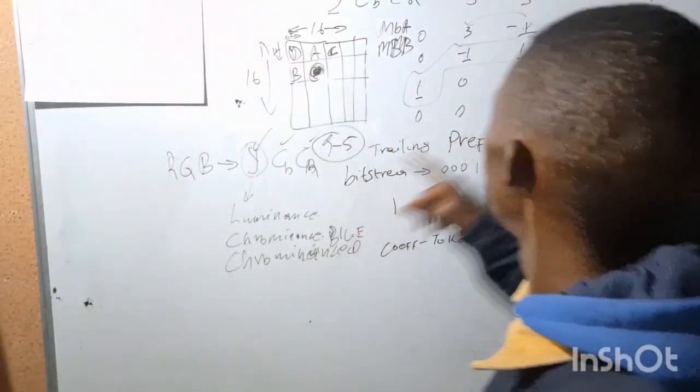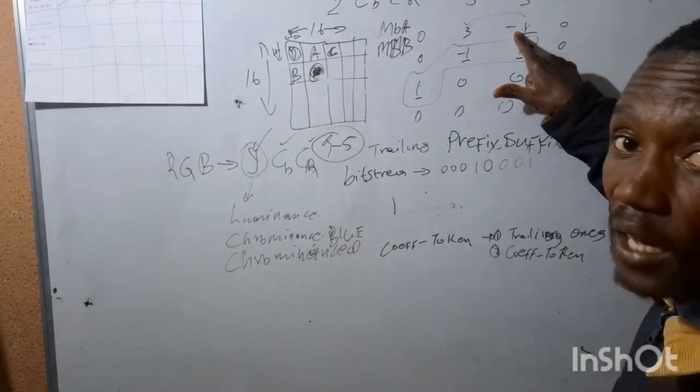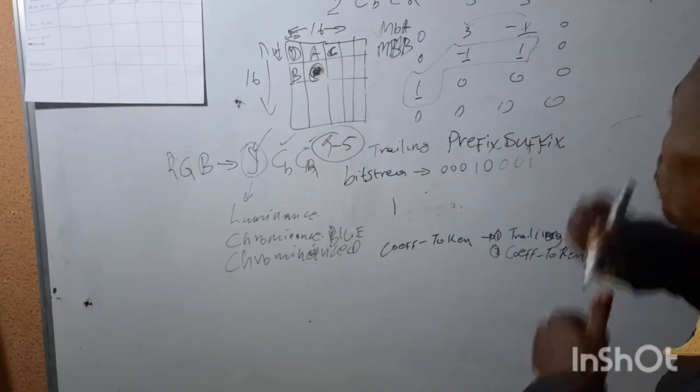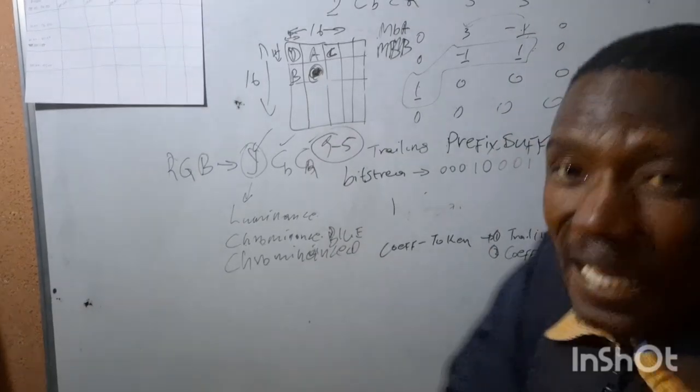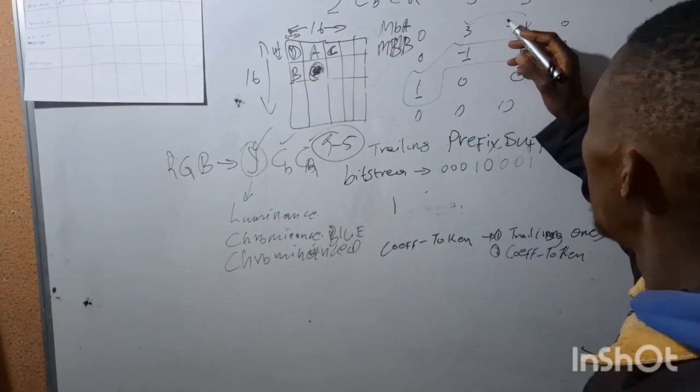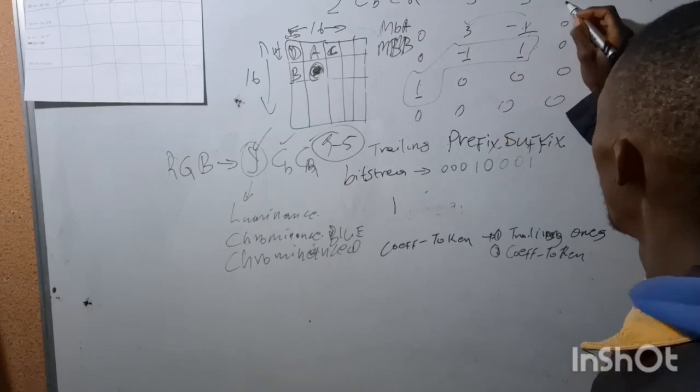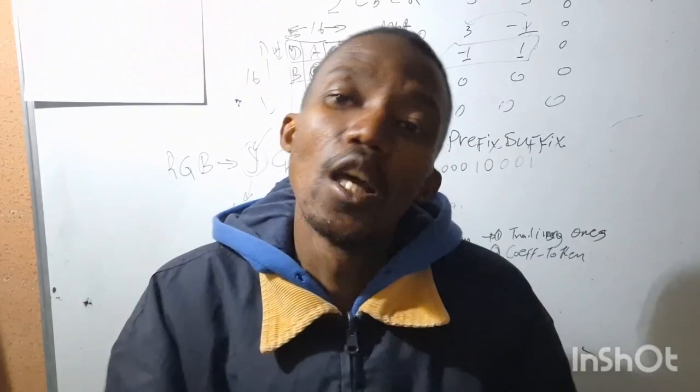If you are encoding a negative level, you are going to have a 1 as the least significant bit of the suffix part. If you are encoding a positive number, you are going to have a 0 as the least significant bit of the suffix part. Does that make sense? Right.